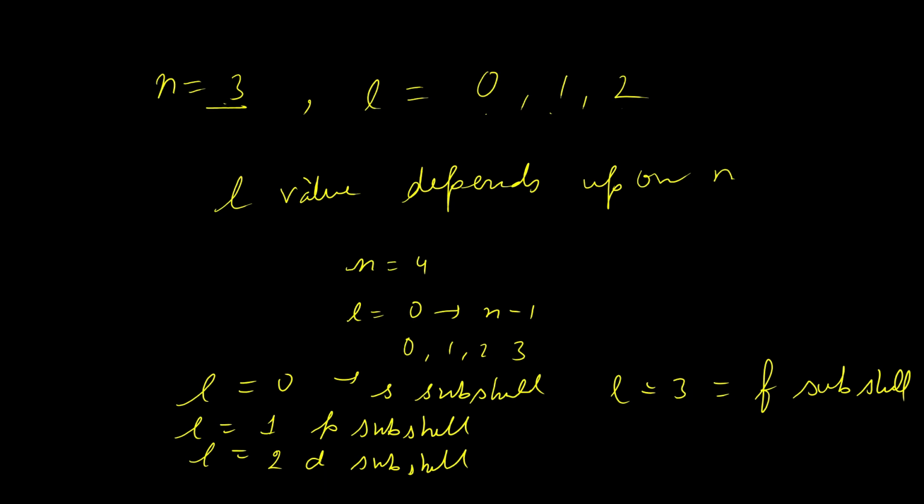I have already shown you that the s subshell is spherical in shape. The p subshells are dumbbell shaped, like dumbbells you might have seen. So this is one, the second one, and so on.